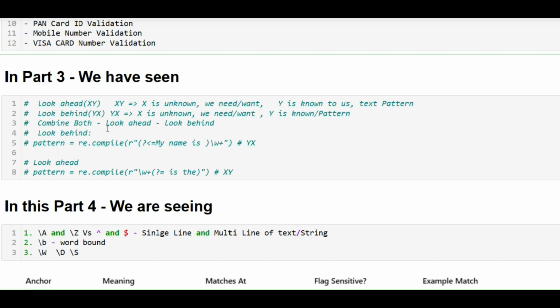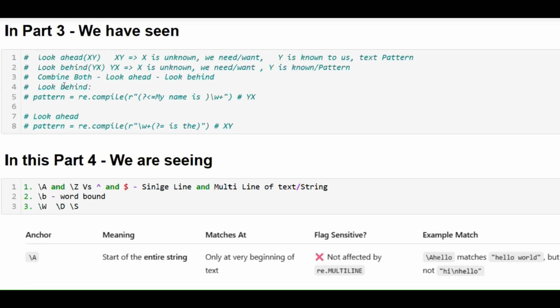We combined both of them, and we saw examples of look ahead and look behind, and how to write the pattern. Look behind is question mark less than or equal to, look ahead is question mark equal to, and you can see the combination xy and yx. In this way we have to write.